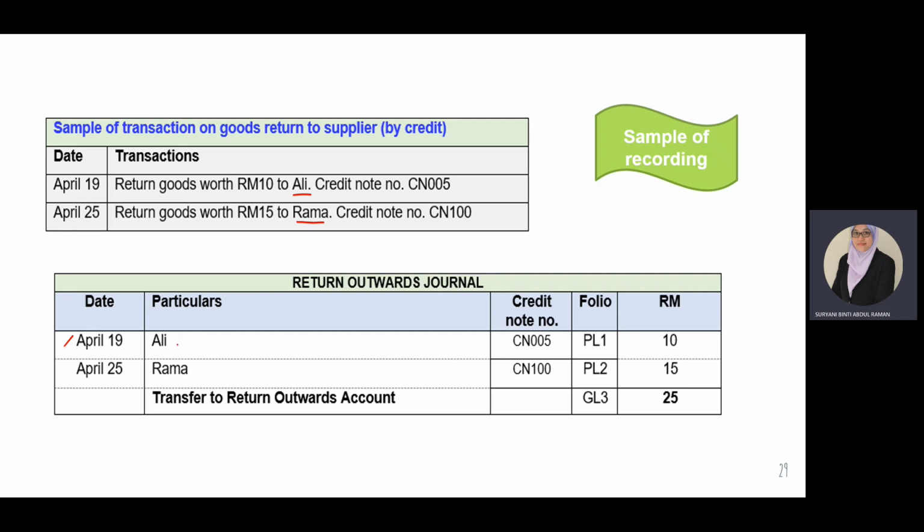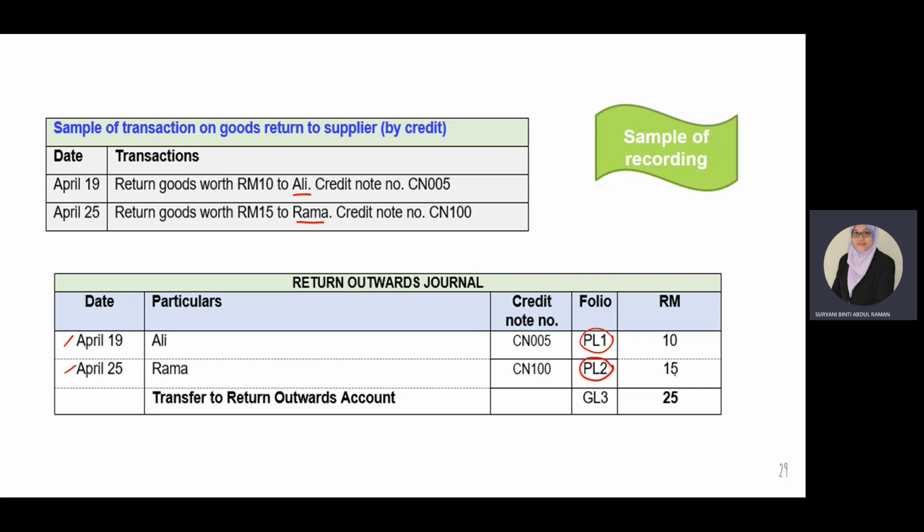We already opened his account previously. We named it PL1. So what we need to do is just reuse the code and update the account later on. Similarly for Rama, his account has been opened previously and we use the code PL2. So we just maintain the code and update the account.